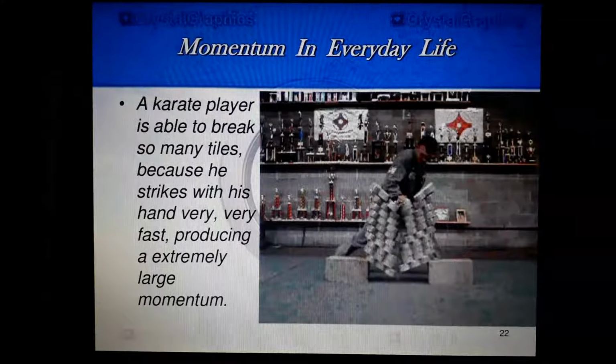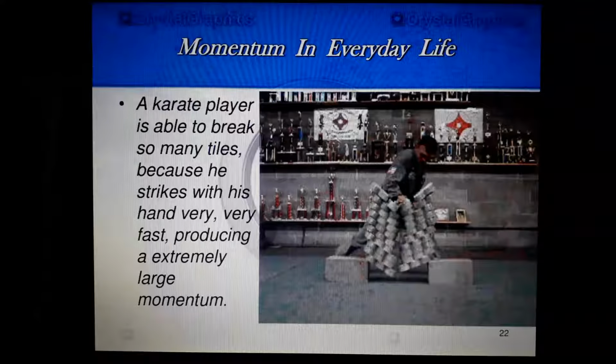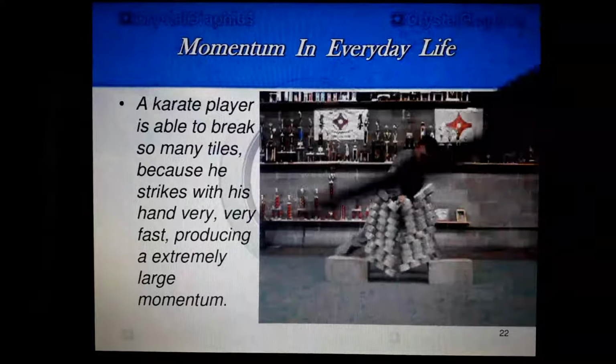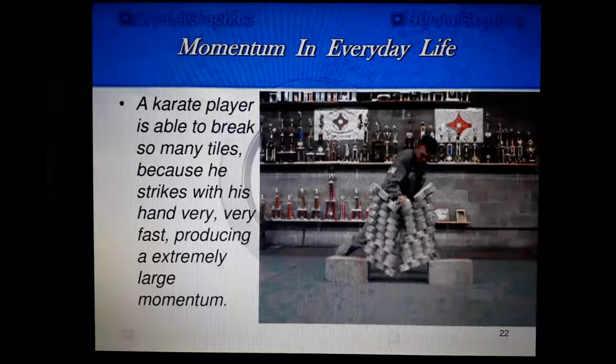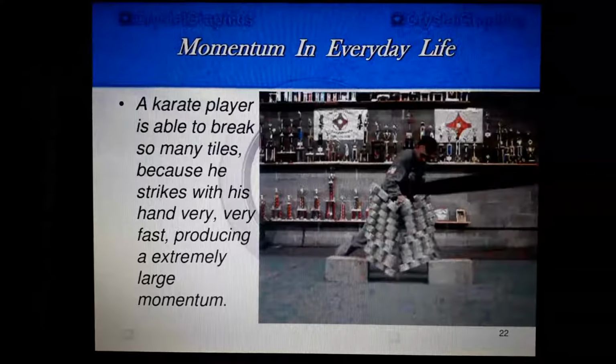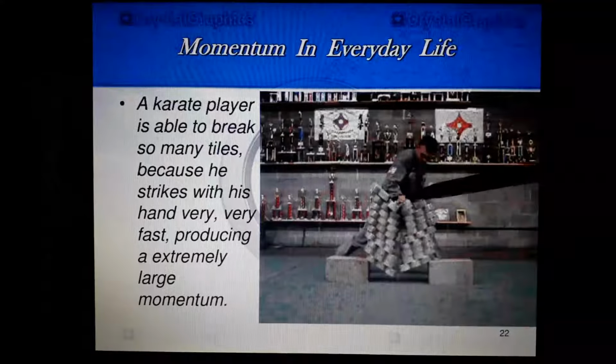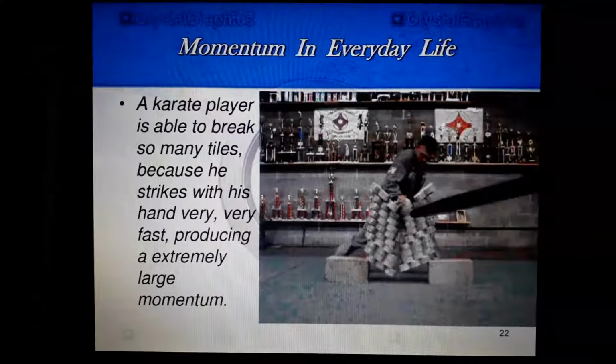Understand? Simply, if you are slowly hitting the brick, will it break? If you are 10 feet tall and 500 kg in weight, a very strong man, and simply touch it, will it break? No. But this is a very small man, and still he is generating enough momentum, enough speed. Mass in motion. His hand is a mass.